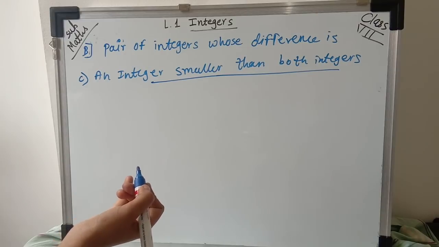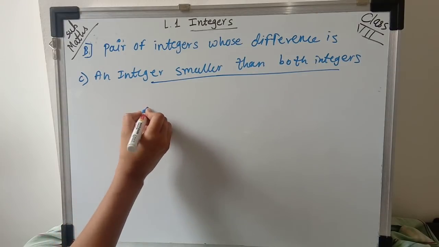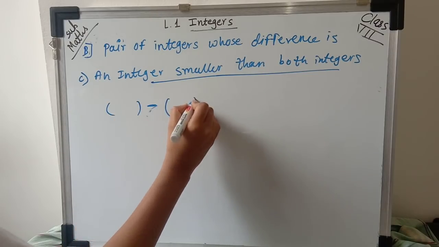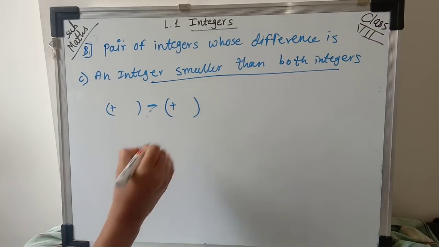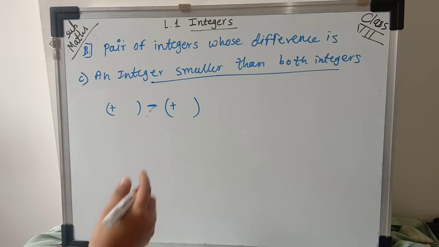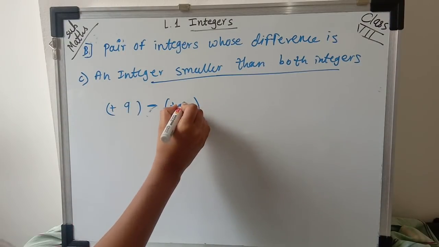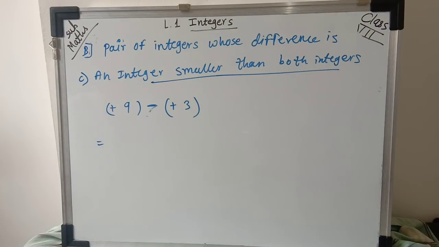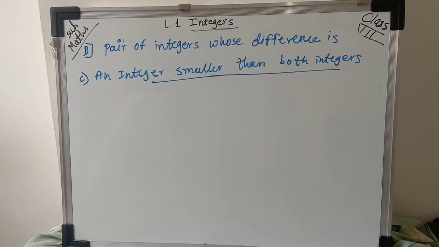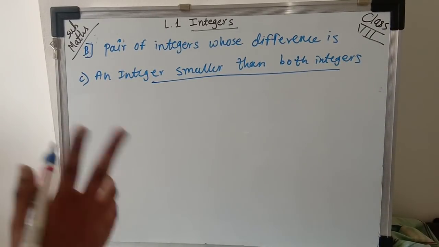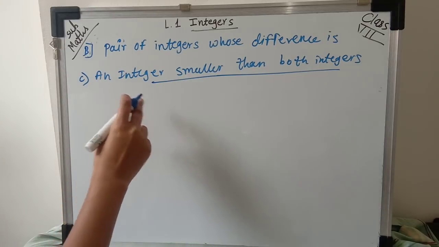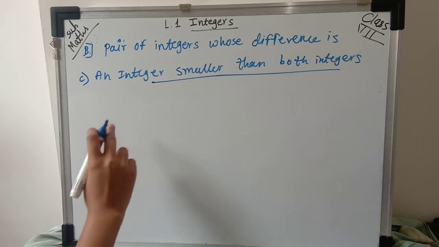When you are subtracting two positive numbers, for example if I take 9 and 3. But before doing that, students, when you are subtracting two negative integers, remember you will get an integer which is smaller than both integers.